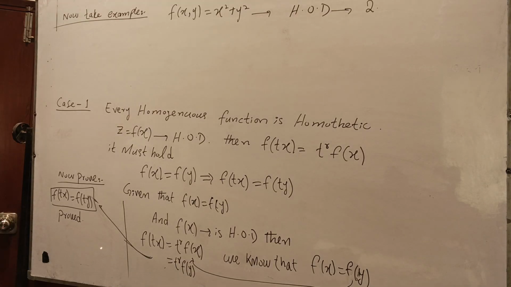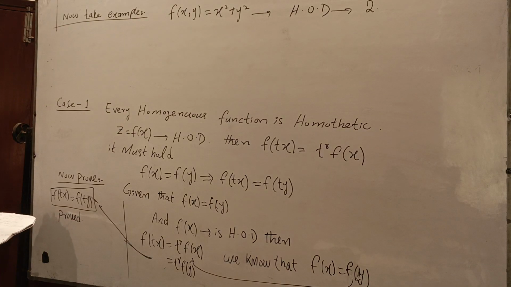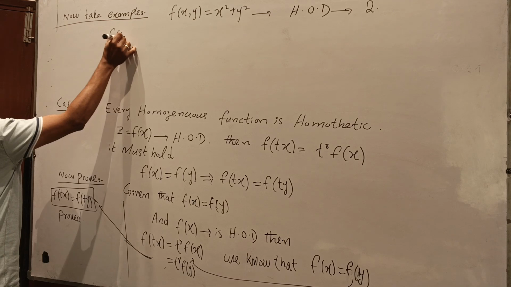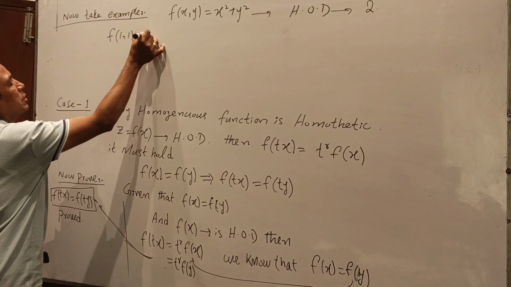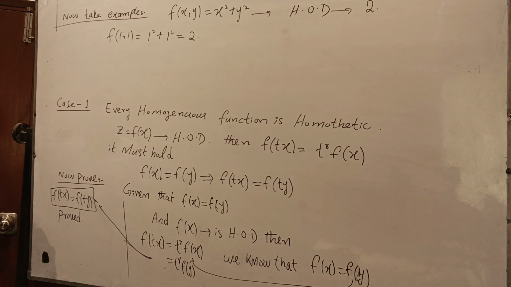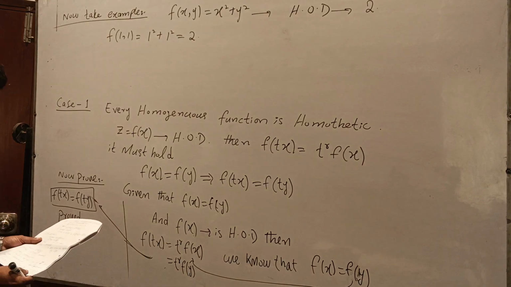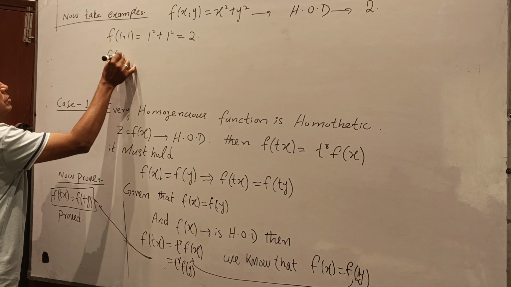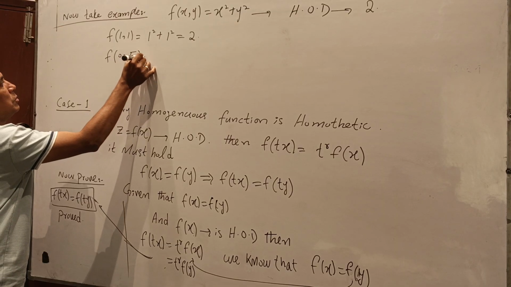Now take different bundles, for example, f of 1 and 1. So 1 square plus 1 square, it is 2. Clear? Okay, now take another bundle, f of 0 and 2.